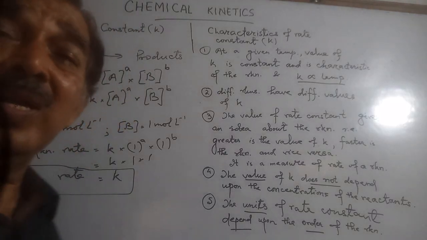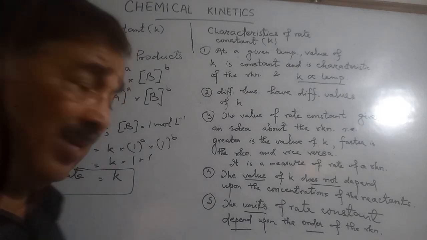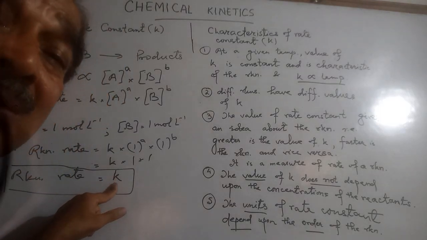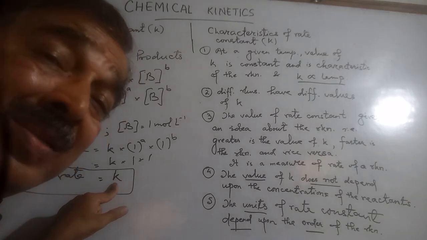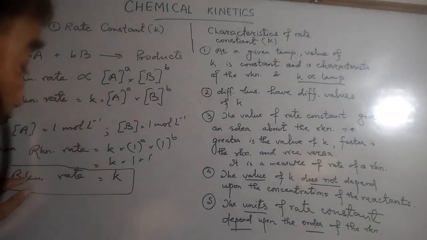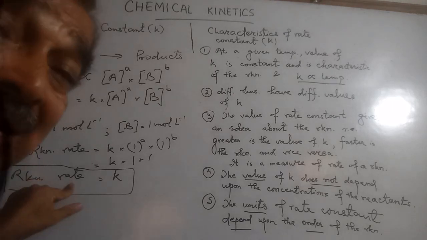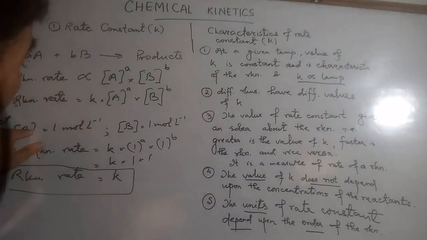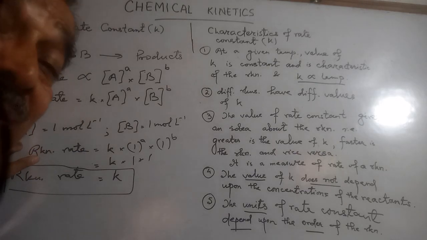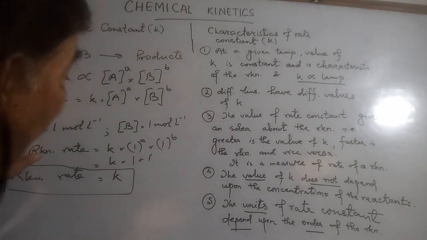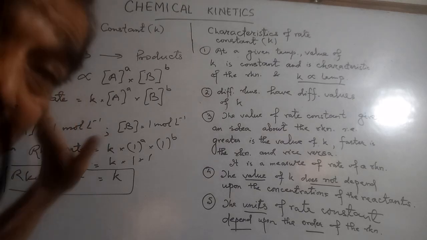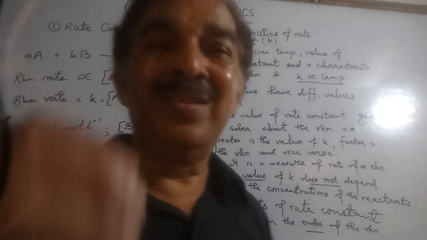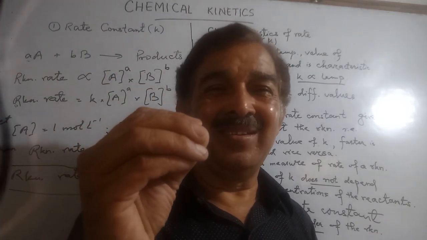Now in this way we can define the rate constant. In this way, the rate constant of a reaction is defined as the reaction rate of the reaction when the molar concentration of each of the reactants is 1 mole per liter. So this is the definition of rate constant.